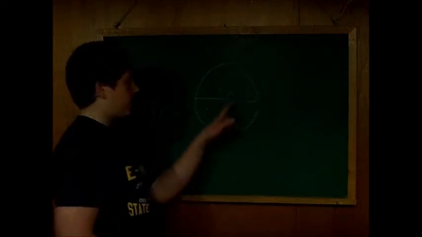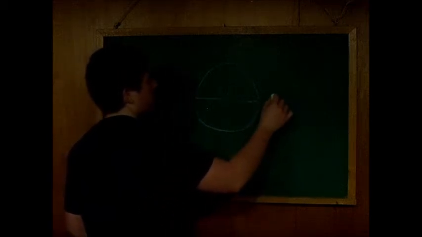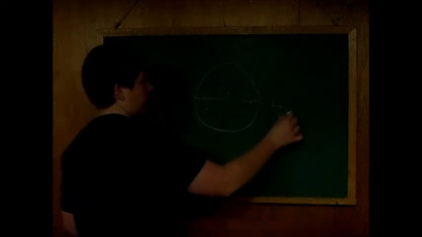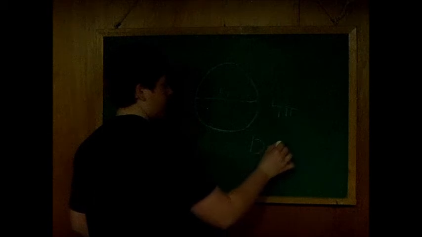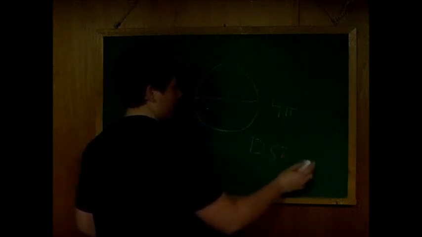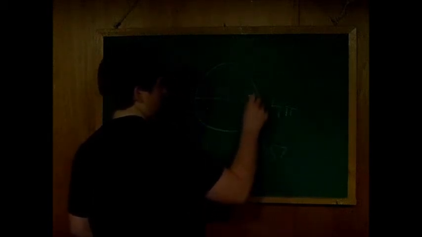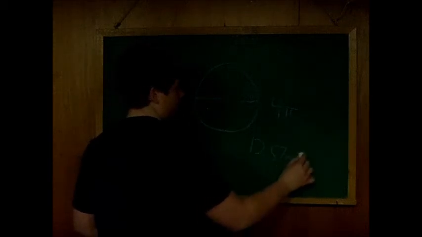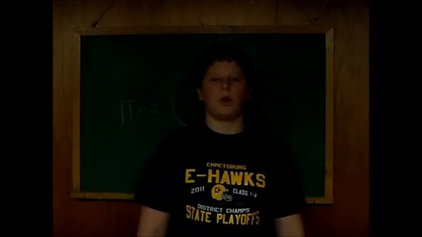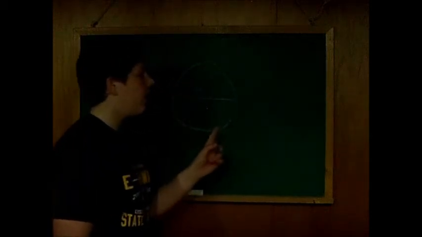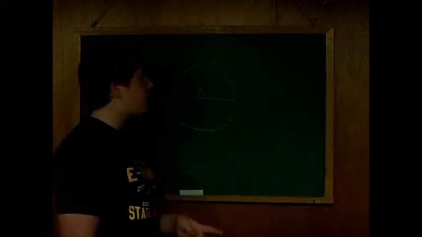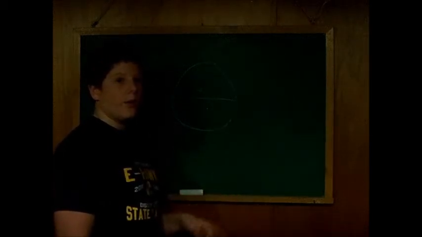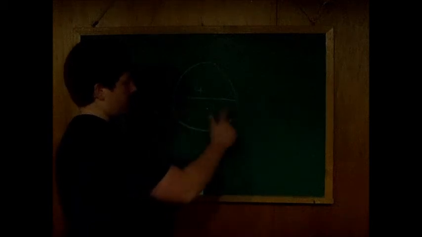And like I said, you would square that, which you would get 4, and then you would take that times pi, and if you round it up, 12.57 meters squared. Now in the example I just showed you, where the diameter is 4, I divided it in half to get the radius, and the radius was 2. And when you squared 2, it came out to be 4, the length of that diameter.